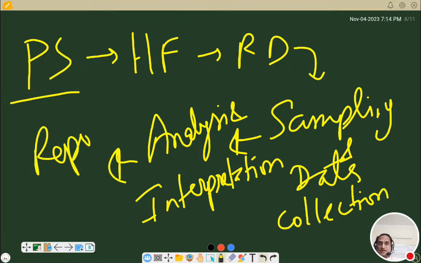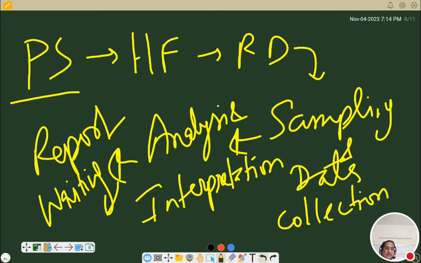This is how the research goes. This is how it will unfold.